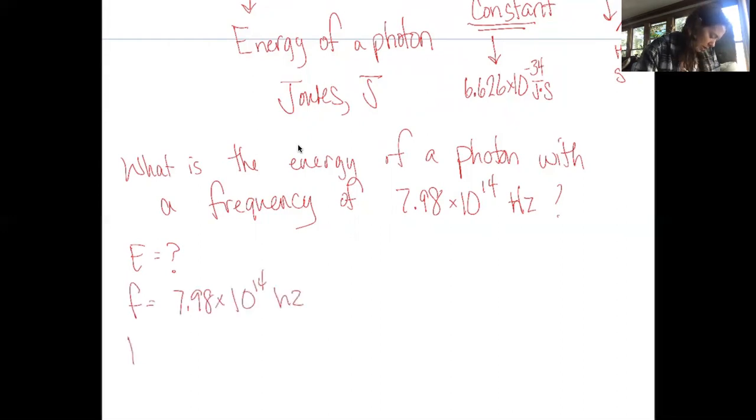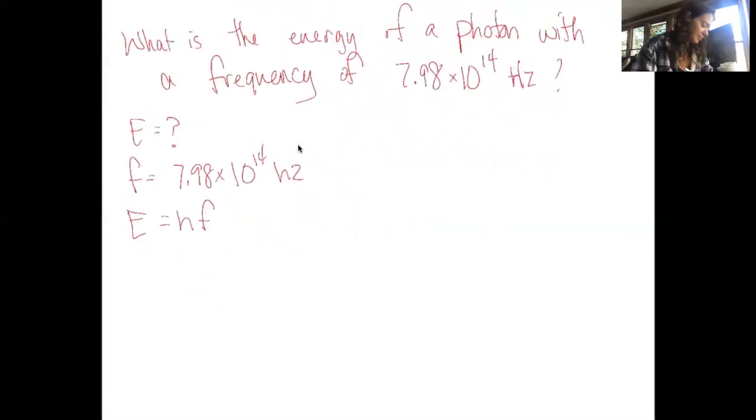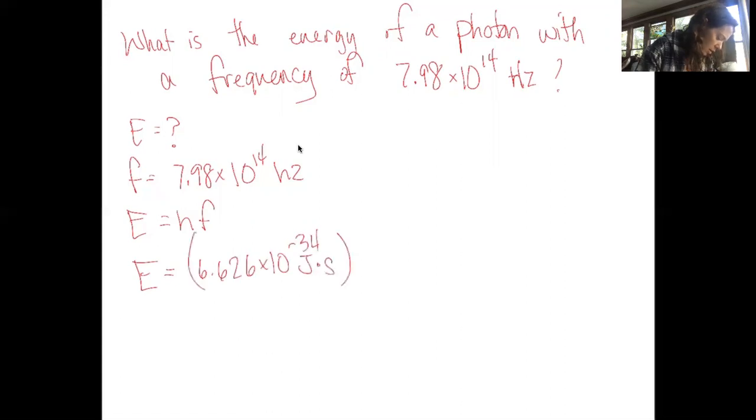Okay, well, I know that E equals HV. Oops, and we're making that an F. So I told you, I always use V. I thought F might be easier for you. Okay, well, H is 6.626 times 10 to the negative 34th J dot S. Frequency is given to us here, and this is an appropriate unit, right?